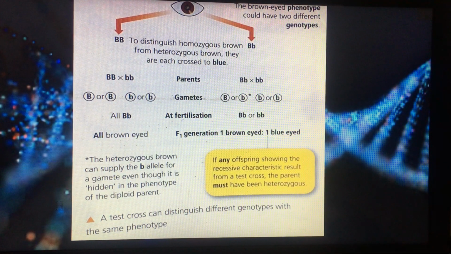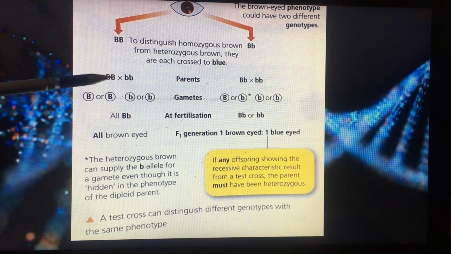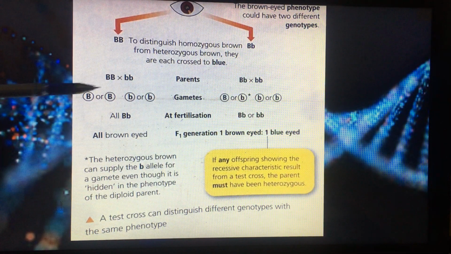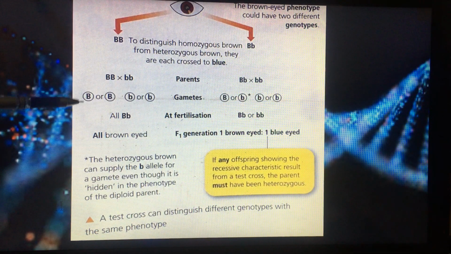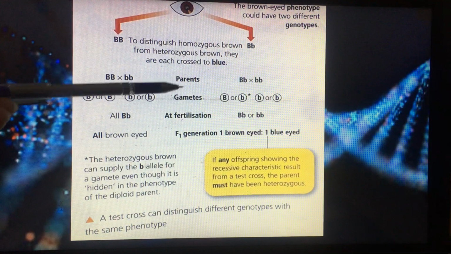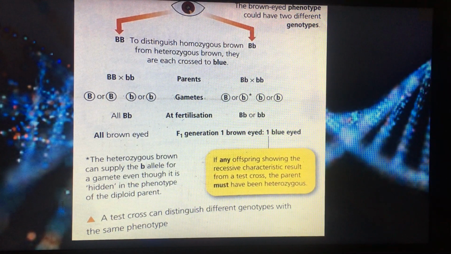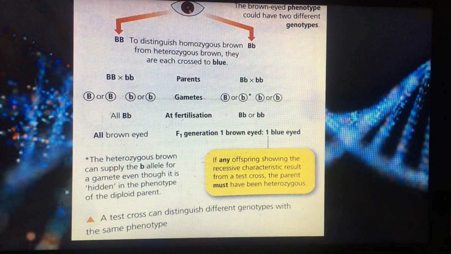So here we have the parents, B capital B capital and B small B small. When they give gametes, they will give 4 gametes. During fertilization, all the new offspring will be B capital B small as genotype. What about phenotype? All of them will be brown.